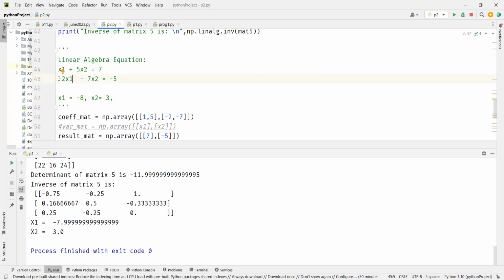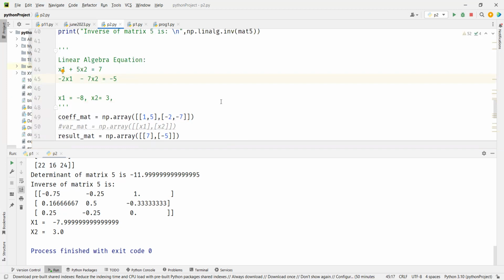And minus 2x1, that means minus into minus is plus. So this will be 16. 16 minus 5 into 3, 21. 16 minus 21, -5. Yeah, -5. You see, it is meeting our requirement.